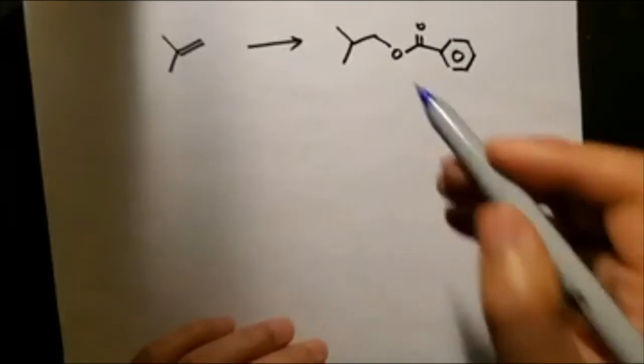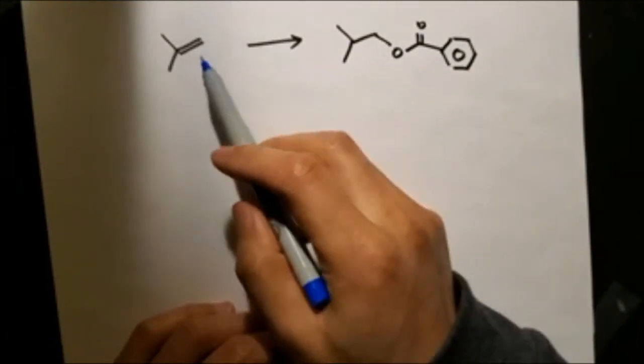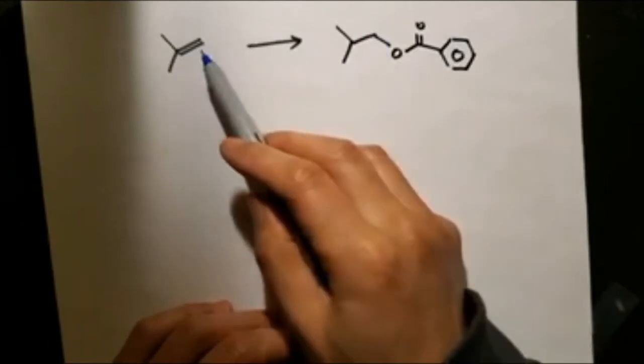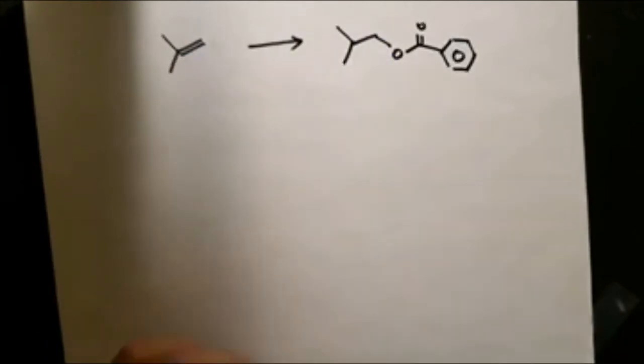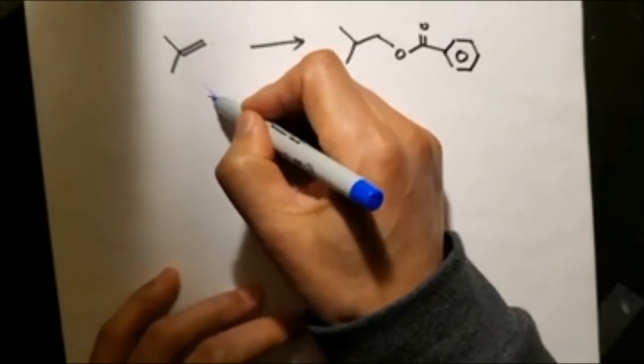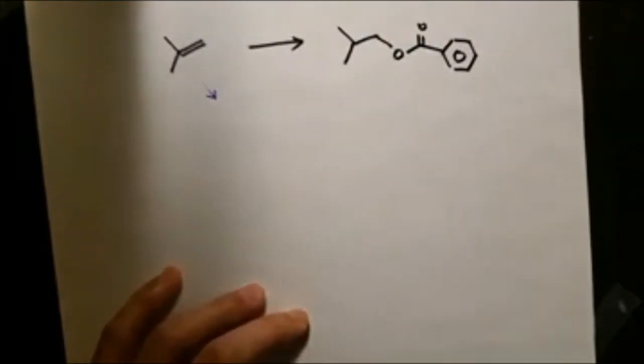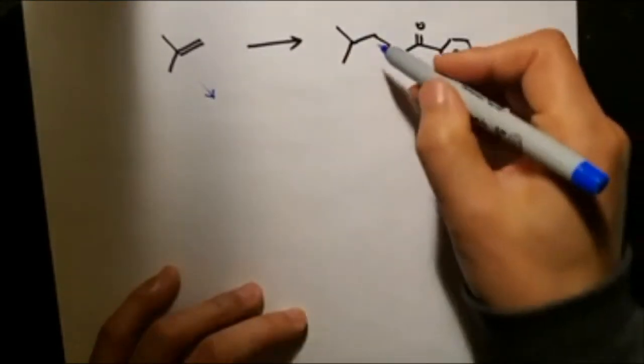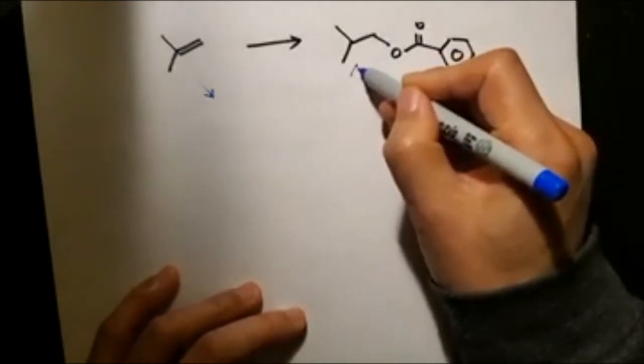So how do we do it? Well, since we don't have anything that can make this conversion in one step, you can go both ways, whichever is easier for you. You can try something from here and then continue, or you can get some help by thinking backward, retrosynthetically.